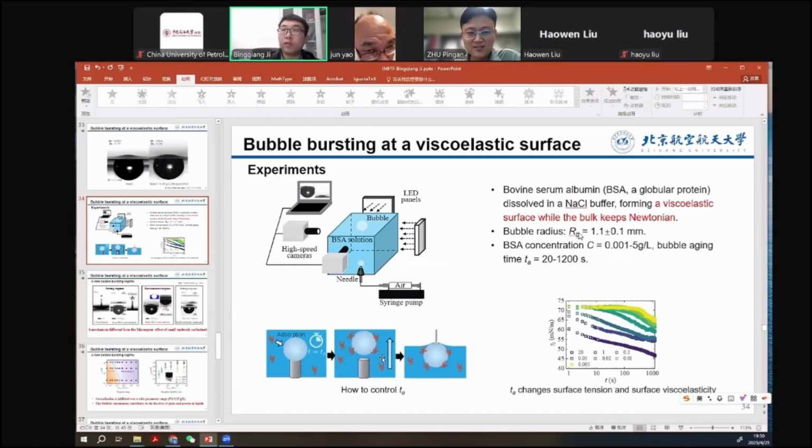It can be several hours or 10 minutes. So you need to punch it with a needle, or you need to wait a very long time. You don't know when it will burst. And also you cannot control the aging time, because the aging time changes the physicochemical properties of the surface. Yeah. So very interesting work.